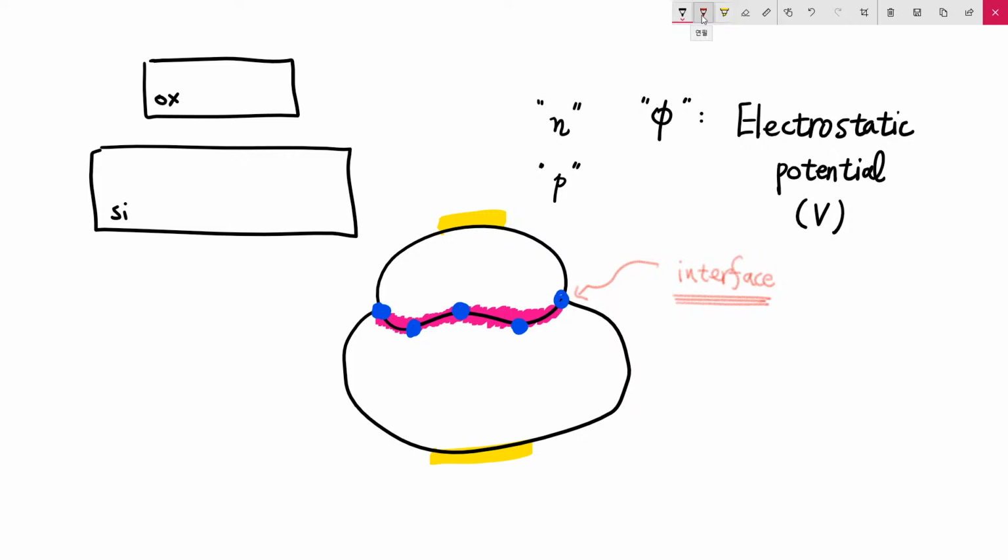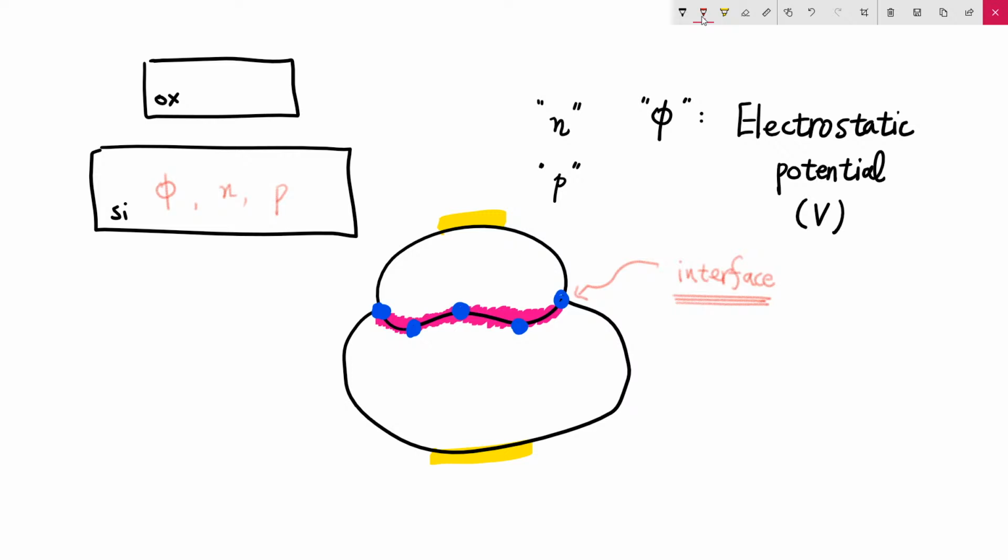First of all, since we have to solve these three solution variables, we try to define these scalar fields on regions. I'll say that here, here, and here we can define electrostatic potential, electron density, and hole density on the silicon region.